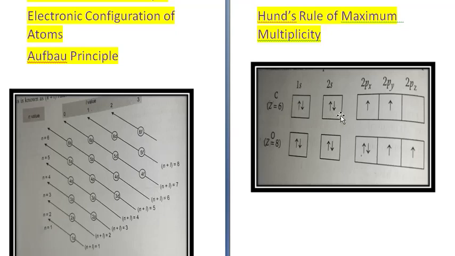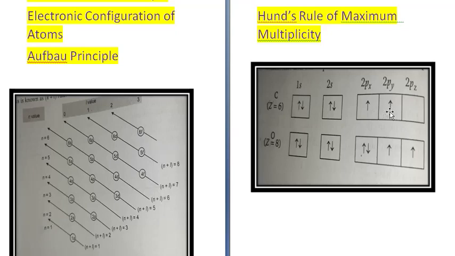Then we have p orbital which can have 6 electrons, but how many are left with us? 2 and 2, 4 have already been filled, so we are left only with 2 electrons. So first every orbital will be filled with one electron having same spin. So both these will have upward arrow.